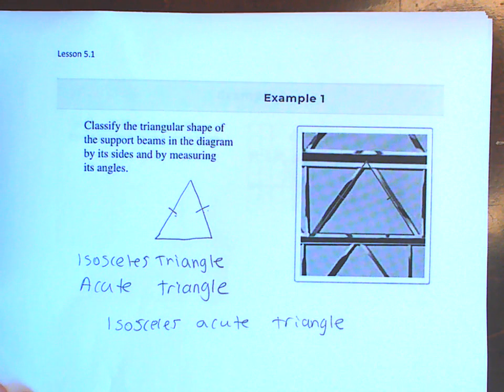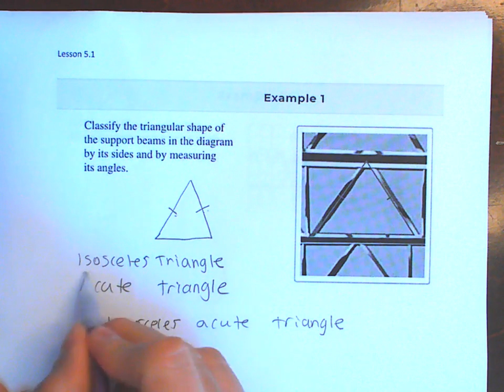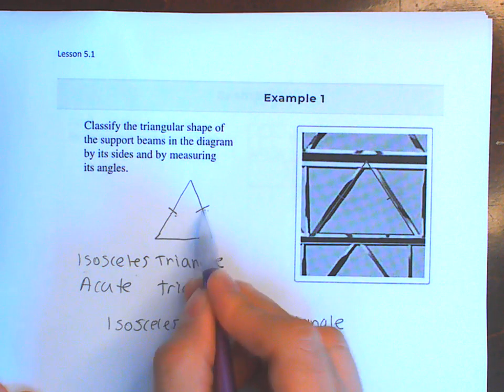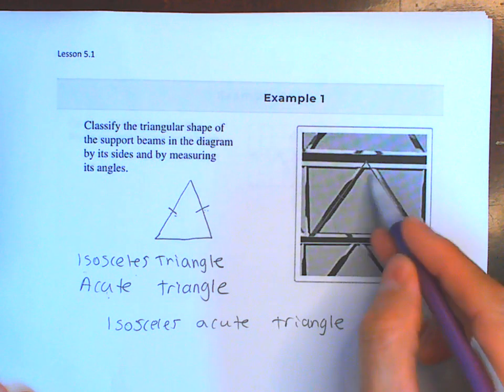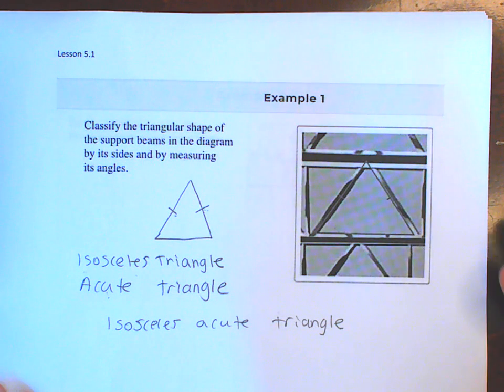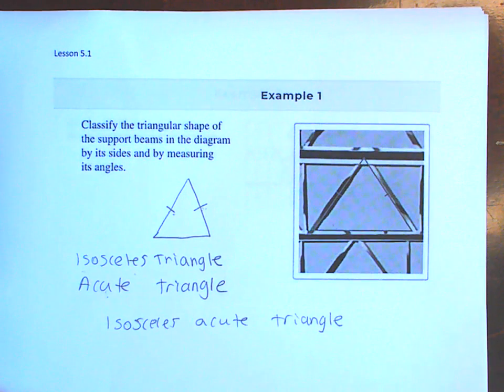It doesn't really matter which one goes first. So how do I know it's isosceles? Because it has two congruent sides. How do I know it's acute? Because all these angles are strictly less than 90 degrees. I could grab a protractor and measure them if I wanted to. So that is example number 1. Let's look at the next example.